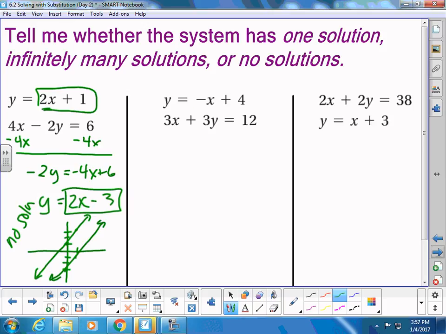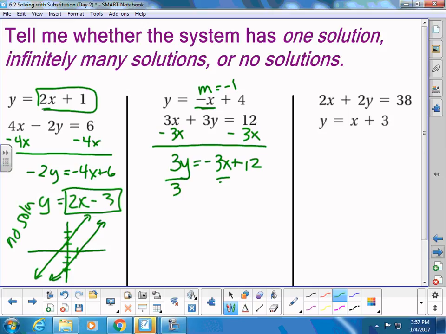This one, we already have the slope here, m equals negative 1. If I want to rearrange this, I'd subtract my x's to the other side, and I would get 3y equals negative 3x plus 12. I'm going to divide everything by the 3, and I get y equals negative x plus 4.